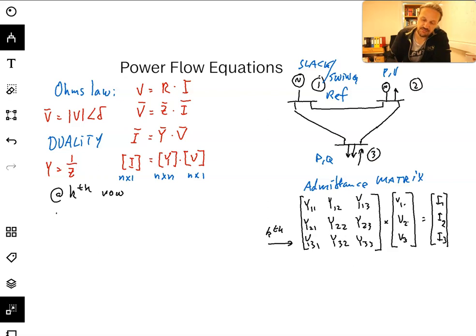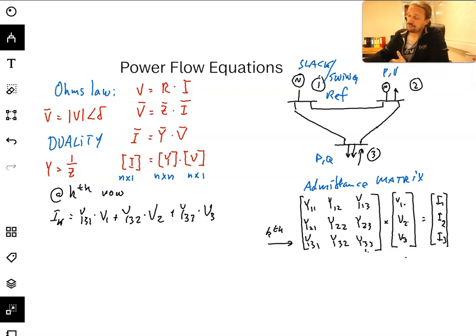So that means that we have I3 is equal to Y31 multiplied by V1, plus Y32 times V2, plus Y33 times V3. So this is all some expression of that row. Actually, what I was doing here was not the kth row, because this was actually the 3rd row, looking at I3.